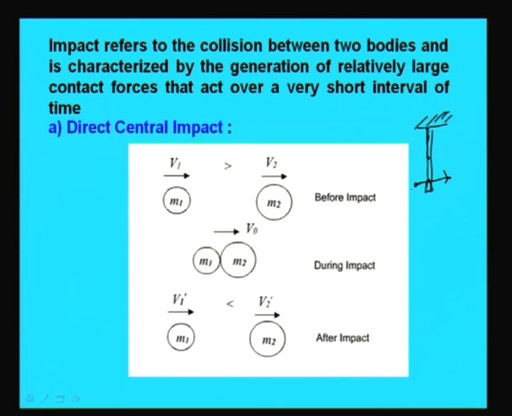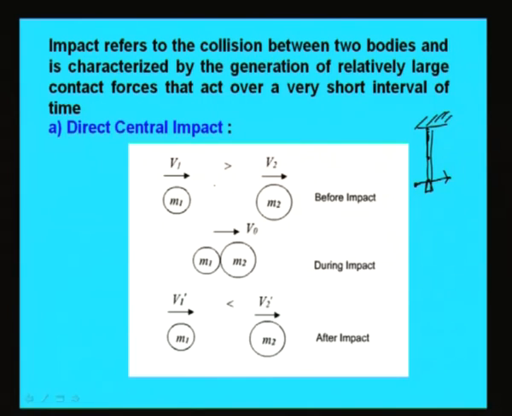Now suppose two particles are making contact. See this figure: a particle of mass m1 is going to collide with a particle of mass m2.